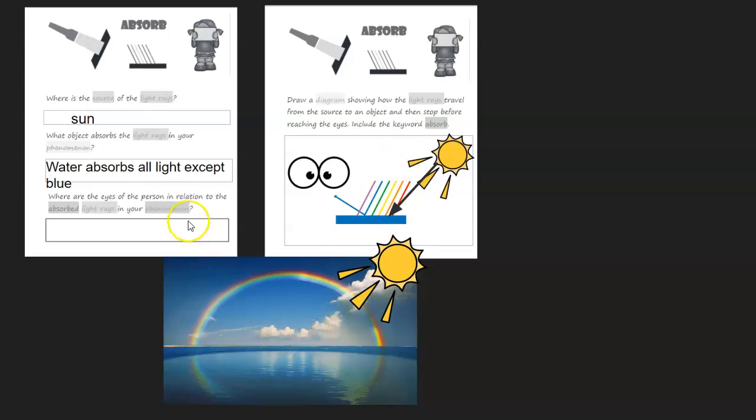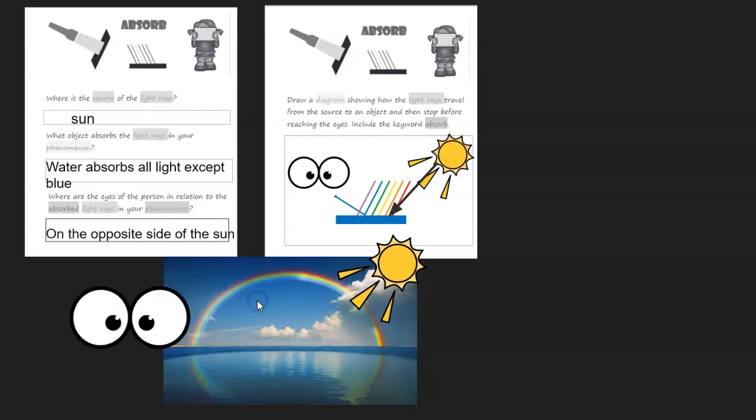Where are the eyes in relation to the object that's absorbed light? Well, they're on the opposite side of the sun, right? So that we can get that reflection of blue. We get the reflection of blue. All other colors are absorbed. Here's where the eyes become tricky with the absorbed. You have to include reflect, really, because all of these light rays aren't getting to the eyes.